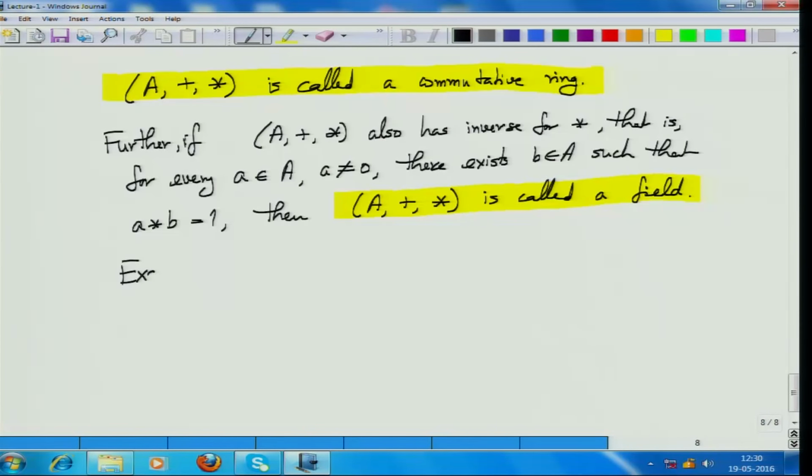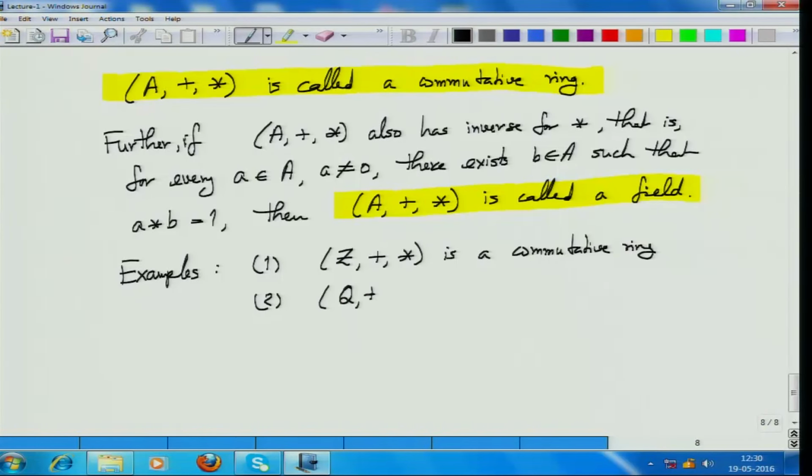Examples of this: well, the set of integers under addition, multiplication is a ring, a commutative ring. If you look at rational numbers under addition, multiplication, that is a field.